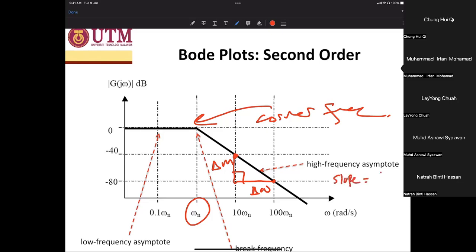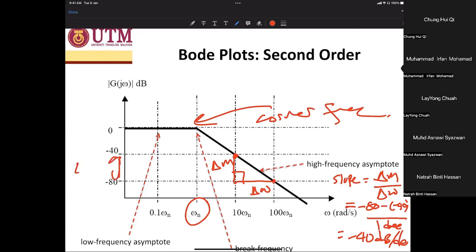Negative 40 dB per decade. Here is negative 40, here is 1 decade.